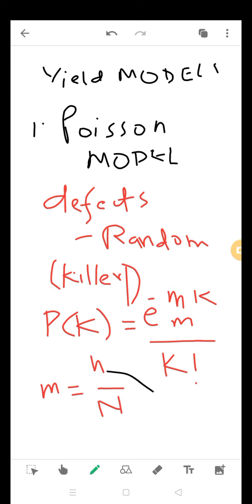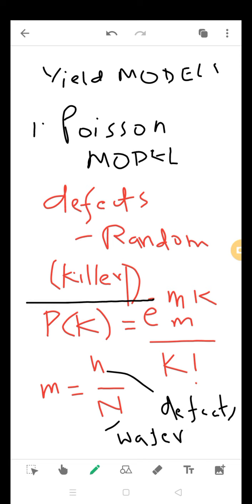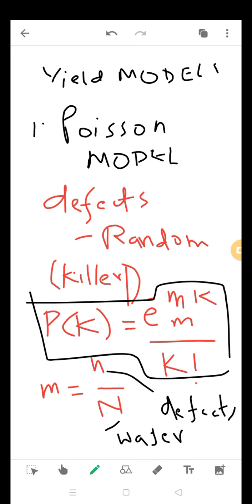So this is the defect number, and this is the wafer number or chip number. Okay, so this equation tells you that if you would like to have k number of defects, what is the probability of these defects existing in the wafer.